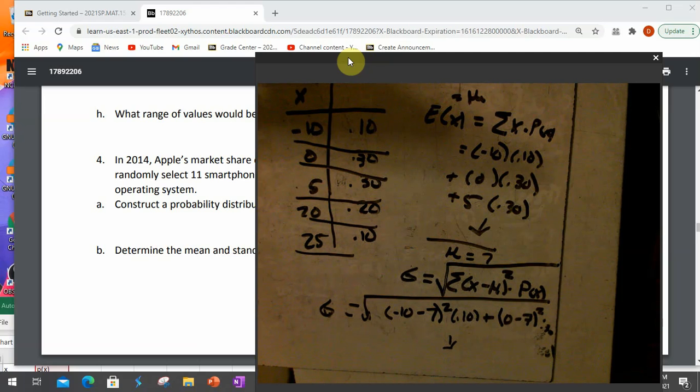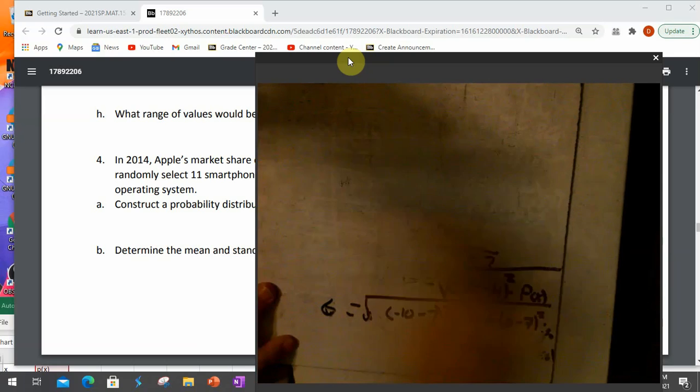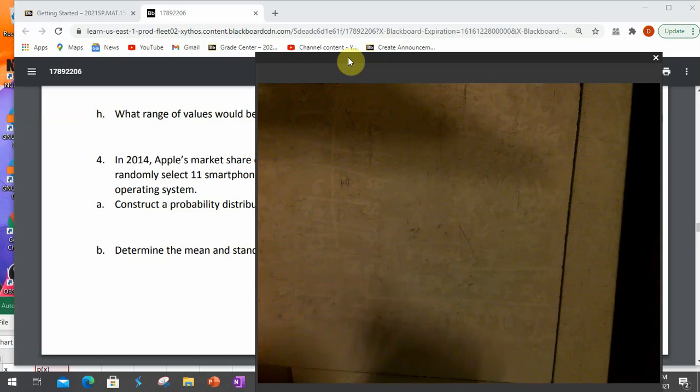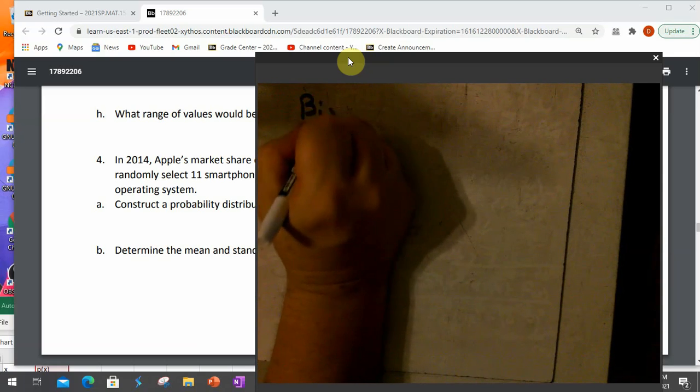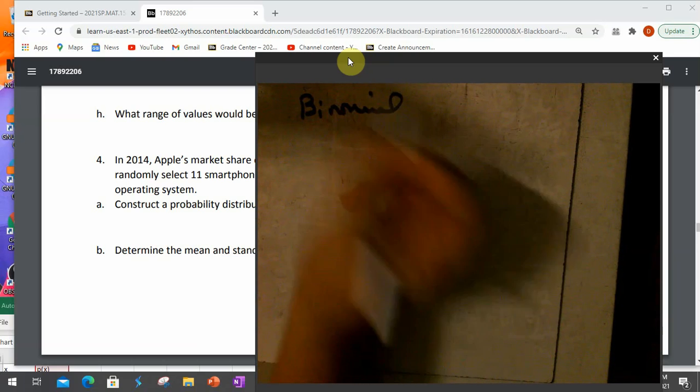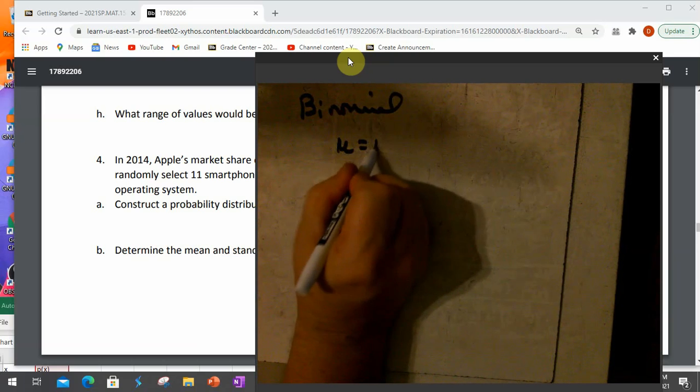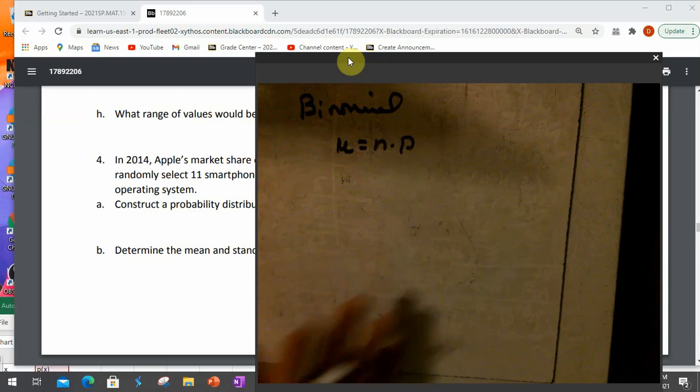For a binomial, I get a sweet deal. You're like, yes, this thing is binomial. The mean is just n times p. This is the expected value.